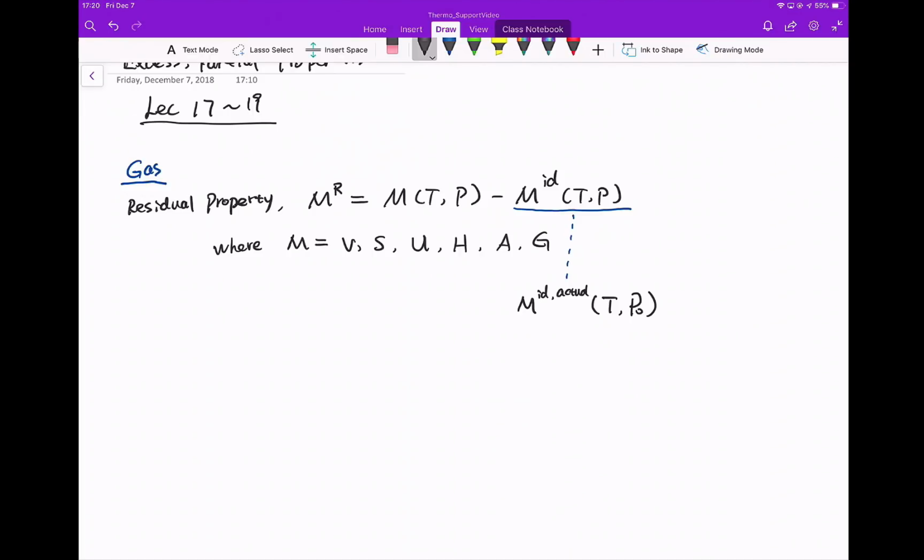As long as P0 is low, this is a good justification of actual ideal gas behavior. The reason we are interested in this state is that we know the data.